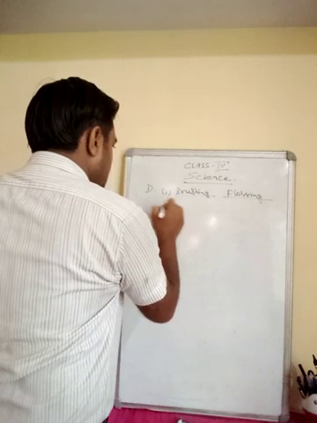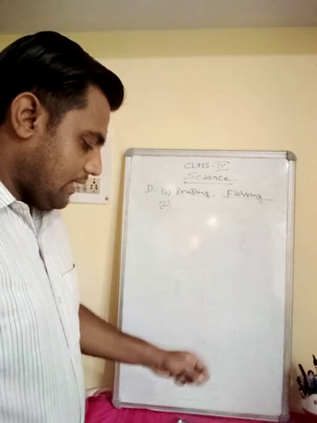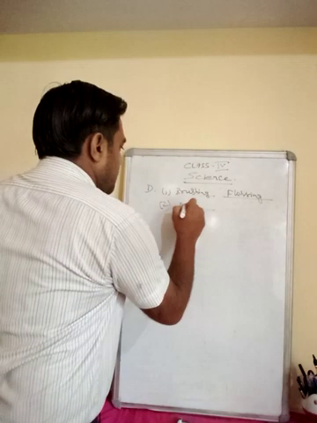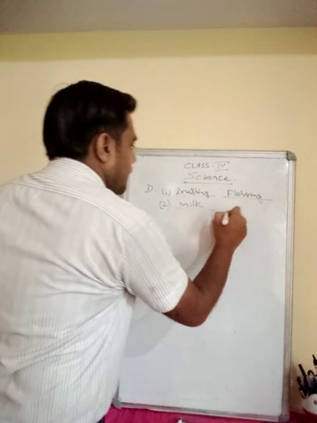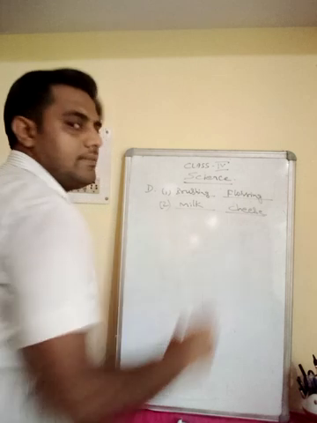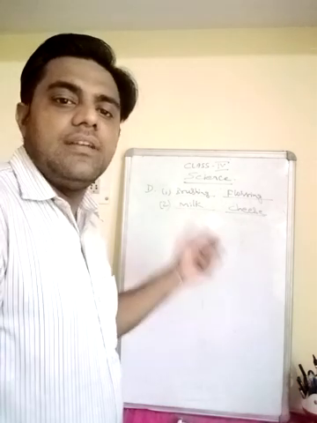Then you have number 2, food that make your teeth healthy and strong. Well, first one is milk, second one you can write cheese. Both of these provide calcium to our teeth, which makes our teeth strong.